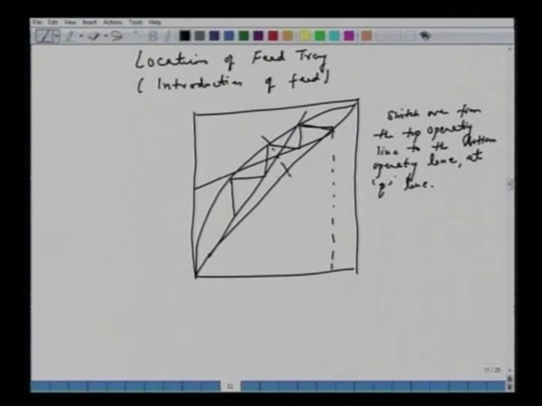Once we cross this Q line, then we are supposed to switch down to this second operating line. Okay. And the second case would be that we can delay the feed entry.